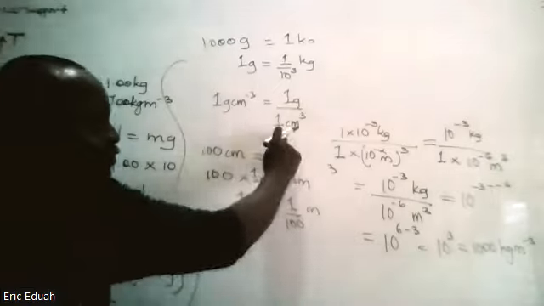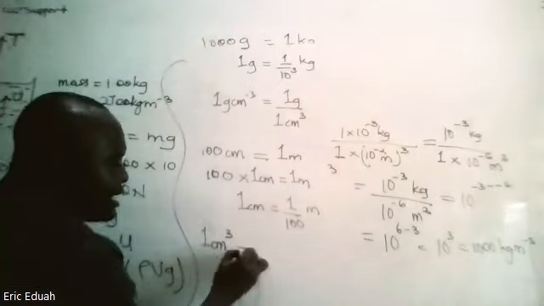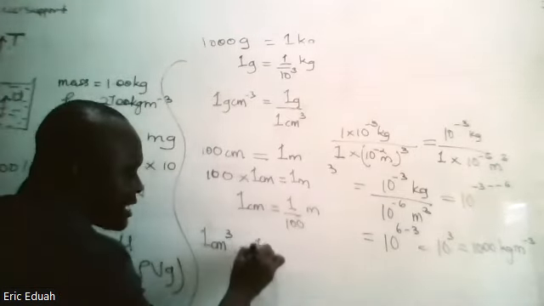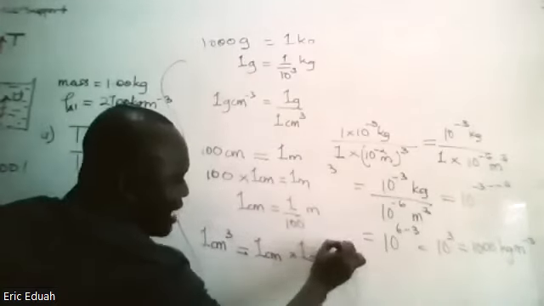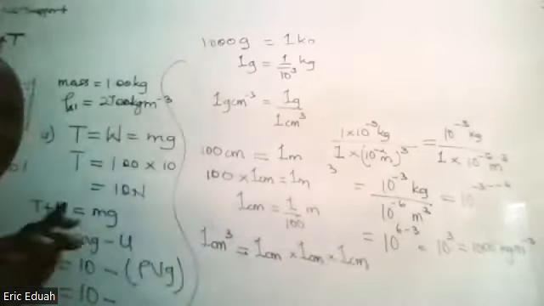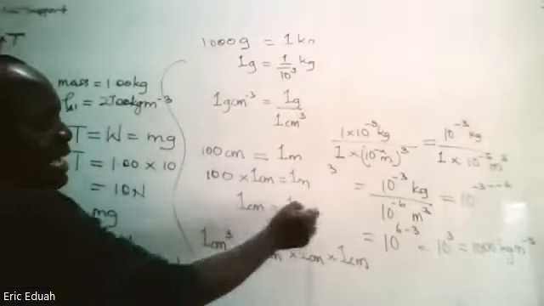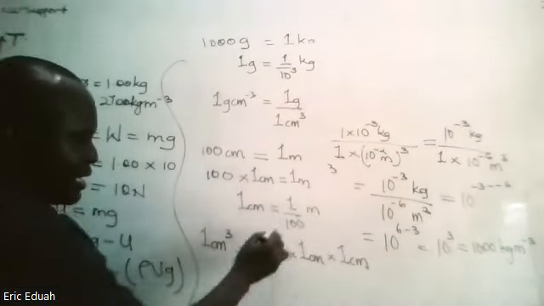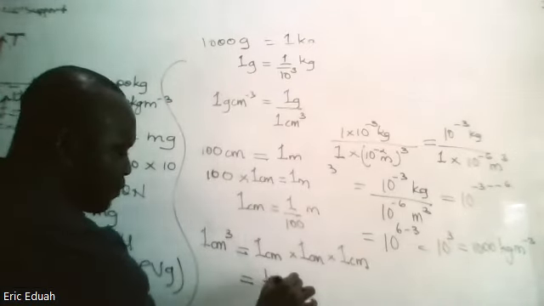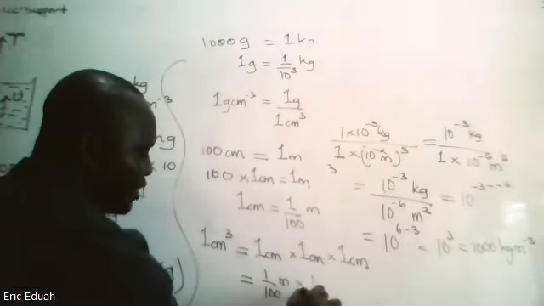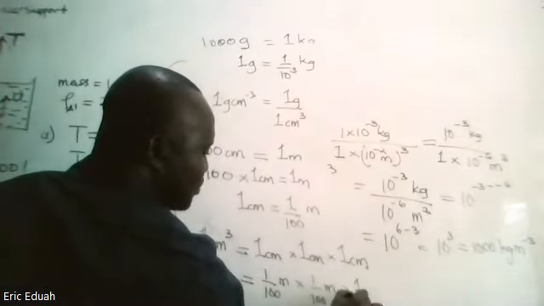I need volume, so I'm looking for 1 centimeter cube, and 1 centimeter cube is actually 1 centimeter by 1 centimeter by another 1 centimeter. So it means this is equal to 1 over 100 meter times another 1 over 100 meter times another 1 over 100 meter.